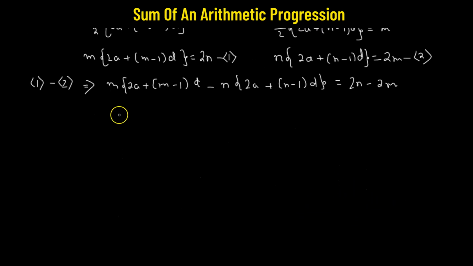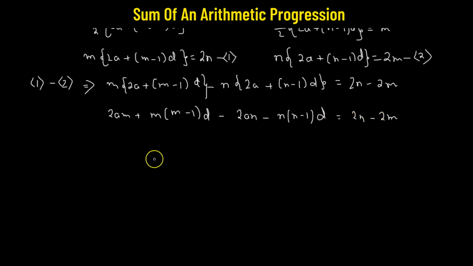Let's multiply m with each of the terms within the parentheses. So you have 2 times am plus m times m minus 1 times d minus 2 times an minus n times n minus 1 times the common difference d, which will be equal to positive 2n minus 2m.